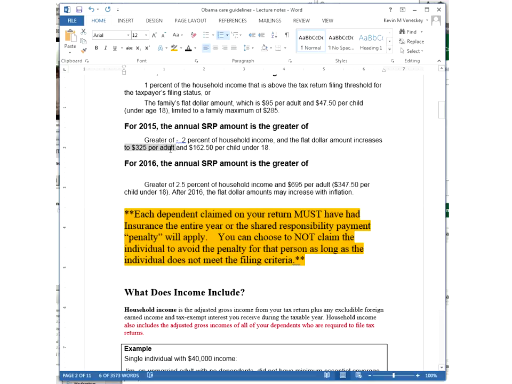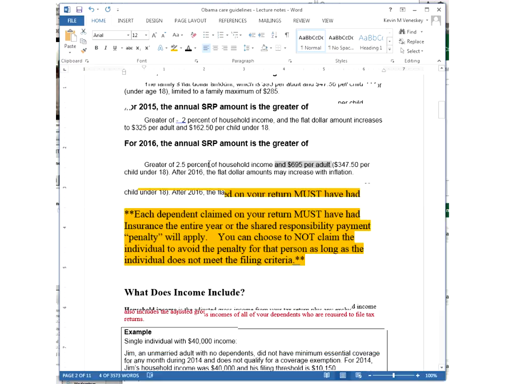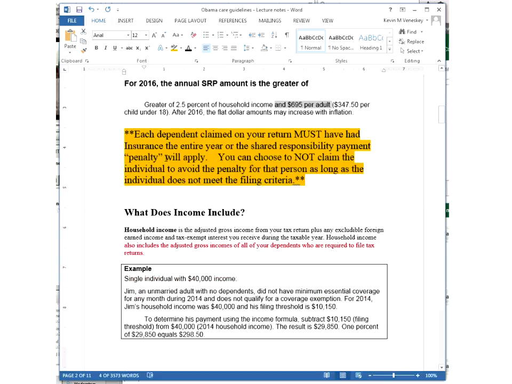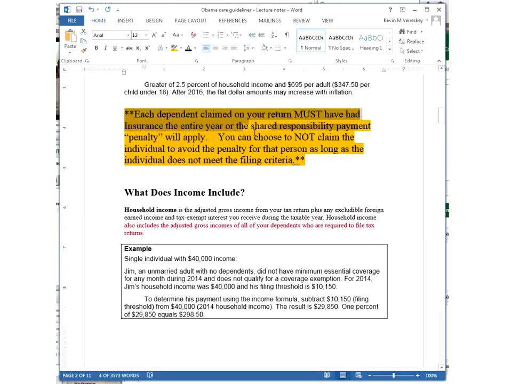For 2015, notice that the amount per adult skyrockets to $325 as the minimum number, or 2% of your household income. The final number is up to $695 per tax return. And then every other year after that will be very similar, go up just a little bit with inflation, like all the other dollar amounts do.